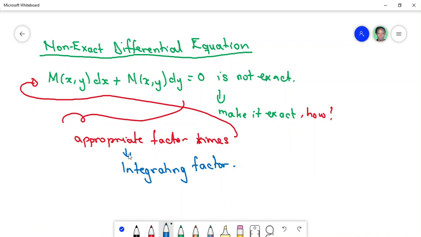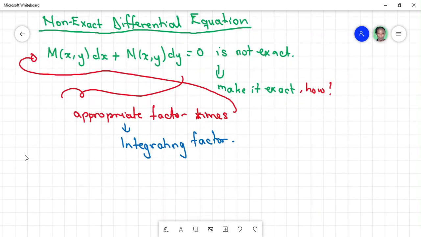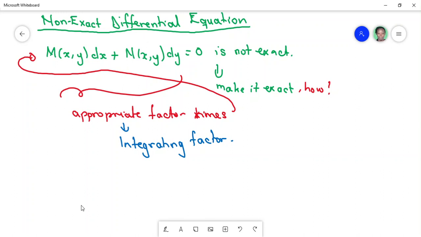So how do I find my integrating factor? In finding the integrating factor, one way to look at it is finding the factor as a function of x.